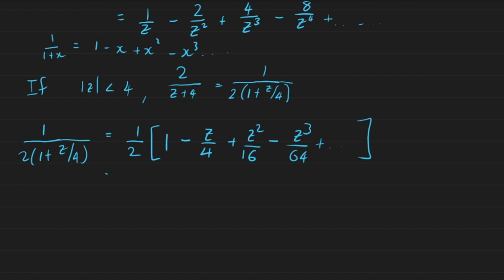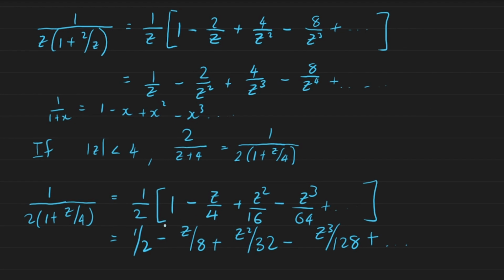So I just multiply this out. I get a half, and a half times z over 4 gives me minus z over 8. Then a half times z squared over 16, so I'll have z squared over 32. And then minus z cubed over 128. And this would carry on.